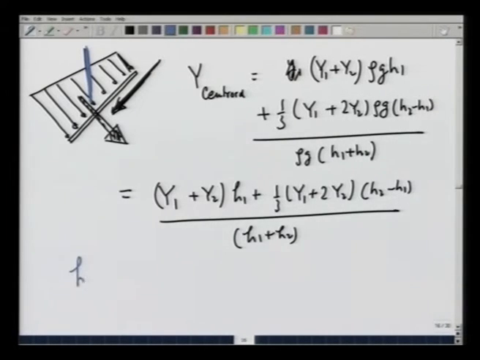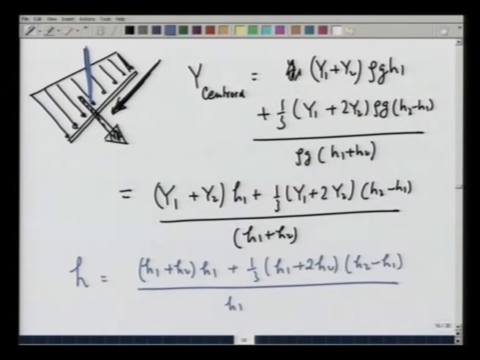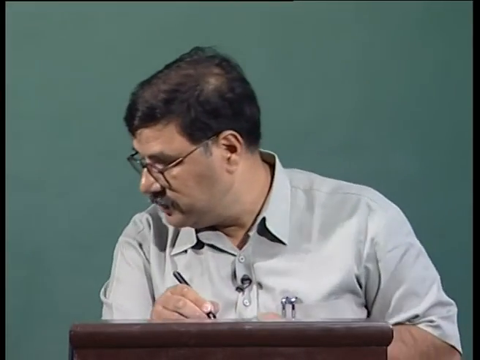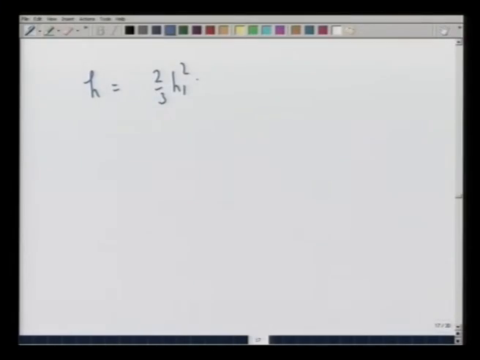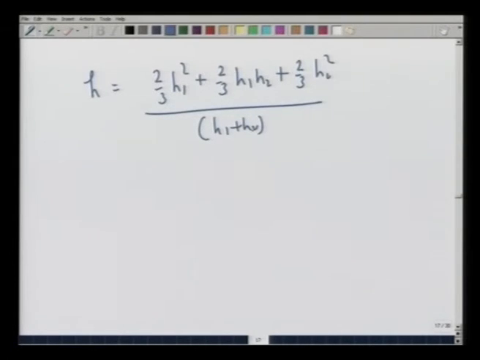So, that depth h is going to be h1 plus h2 times h1 plus 1/3 (h1 plus 2 h2)(h2 minus h1), divided by h1 plus h2, which when worked out comes out to be h equals 2/3 h1 square plus 2/3 h1 h2 plus 2/3 h2 square divided by h1 plus h2.